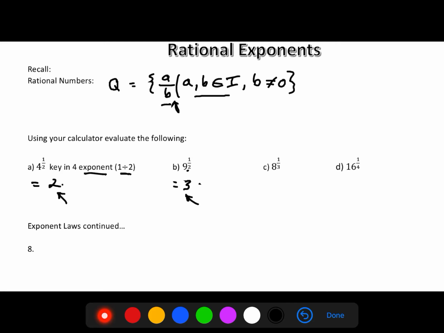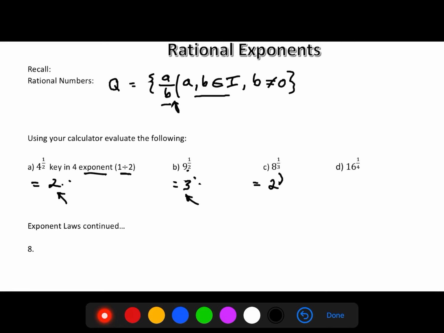Well, taking a look at these two, we notice that 2 is the square root of 4, and 3 is the square root of 9. Taking a look at 8 to the power of 1/3, in your calculator, 8 exponent bracket 1 divided by 3, and we get an answer of 2.